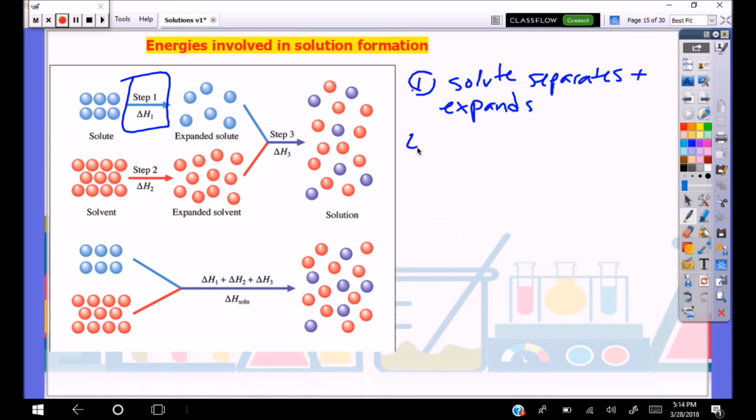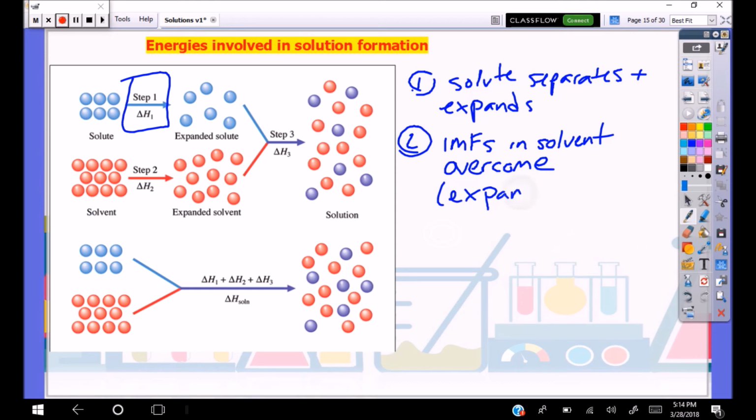Then step 2, we need the IMFs in the solvent to be overcome, aka the expanding of our solvent. IMFs in solvent are overcome, and we expand our solvent, sorry. Once they're expanded, now they can properly mix, and when they mix, they form their solution.